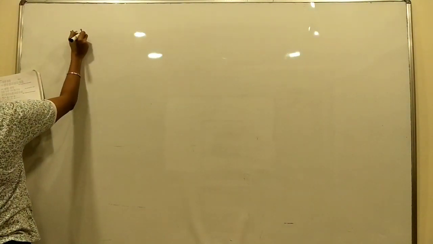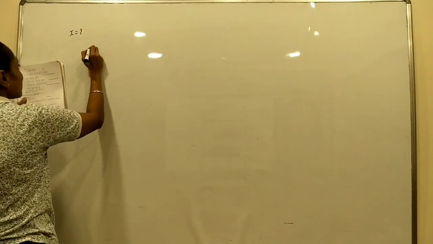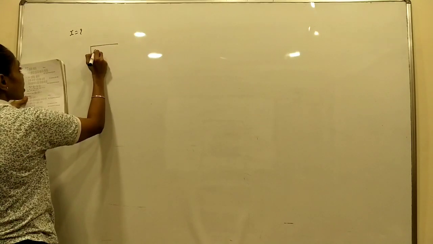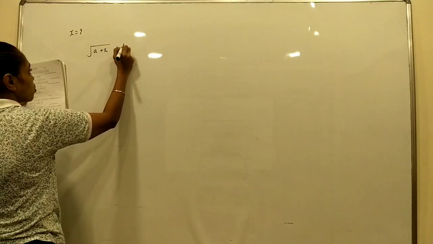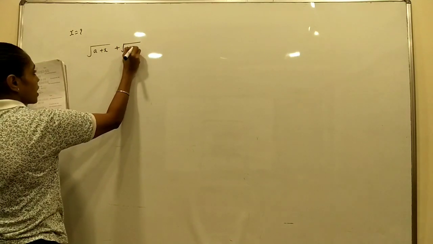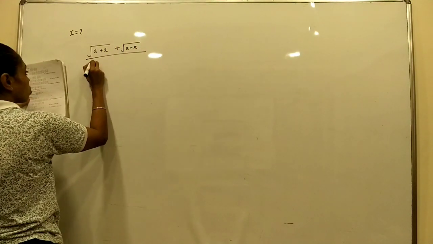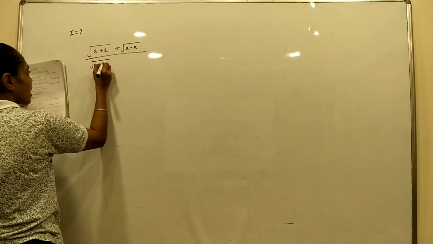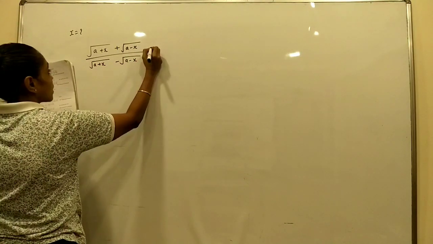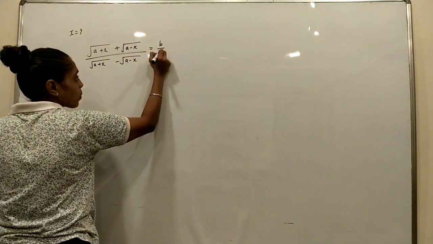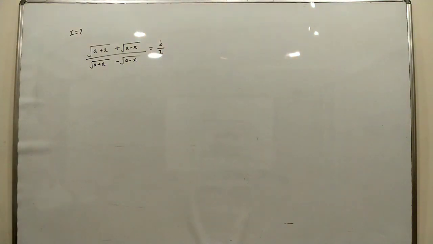Solve for x. You have to find the value of x when root of a plus x plus root of a minus x upon root of a plus x minus root of a minus x equal to b, that is b upon 1.